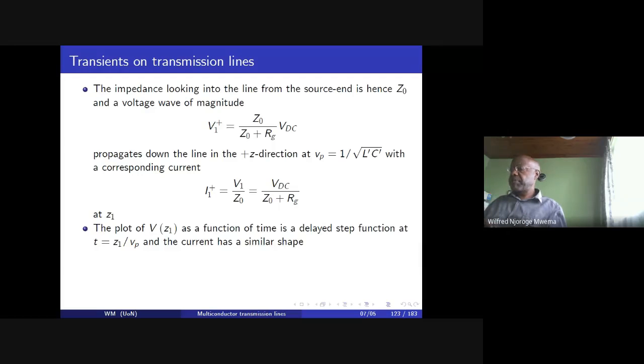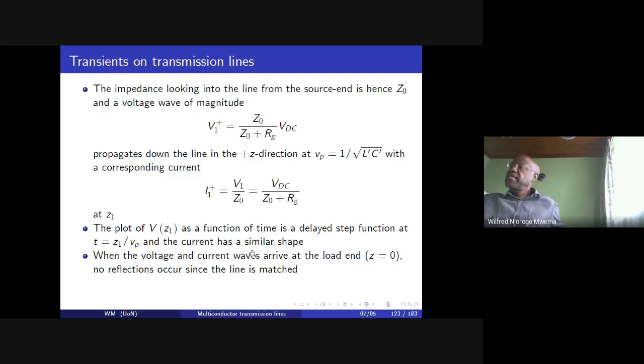So even in this particular case, our signal will be moving, raising the voltage on the line from 0 to the actual value of the line voltage. The current would also have a similar shape.